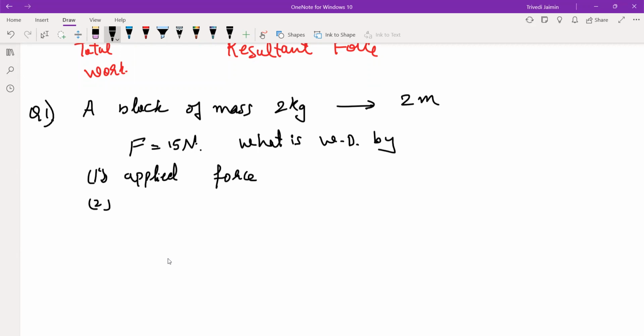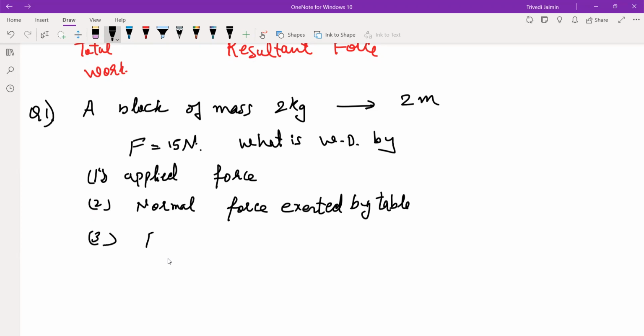Second one, what is the work done by the normal force exerted by the table? Third, what is the work done by the force of gravity? Can you try this?